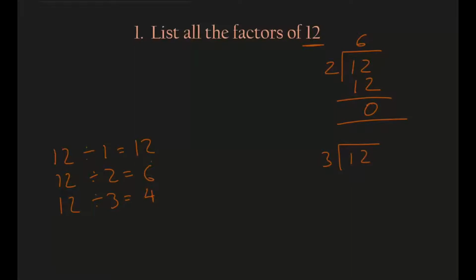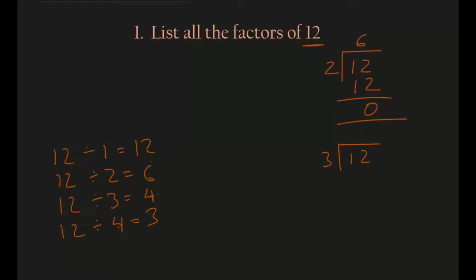If you think this is hard, then you can do it like this. And then we can do 12 divided by 4. Now it just starts repeating, because when we came to 12 divided by 4, that means we already have a 4 here, so we get a 3 here.